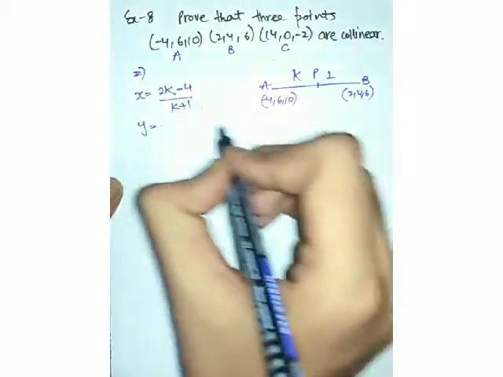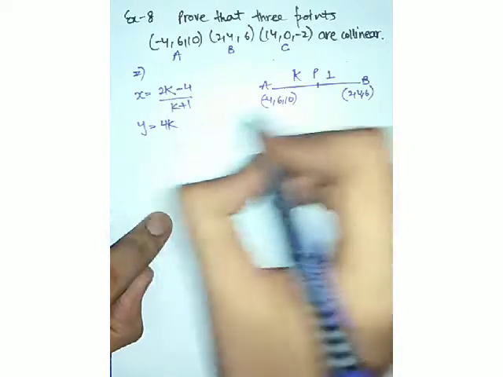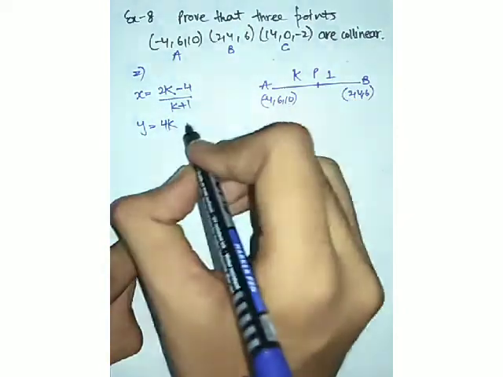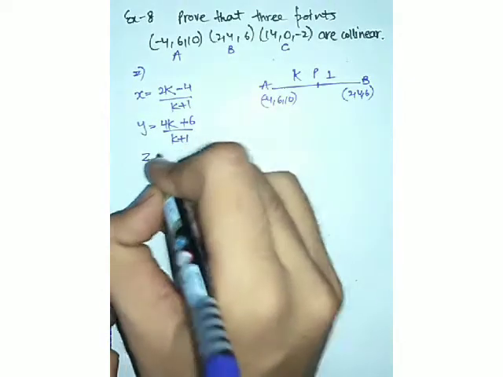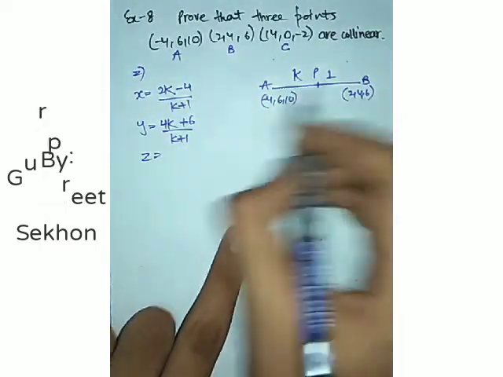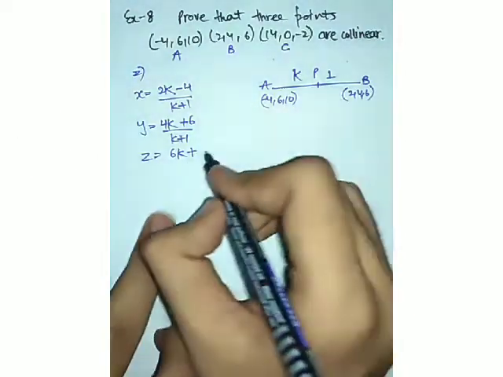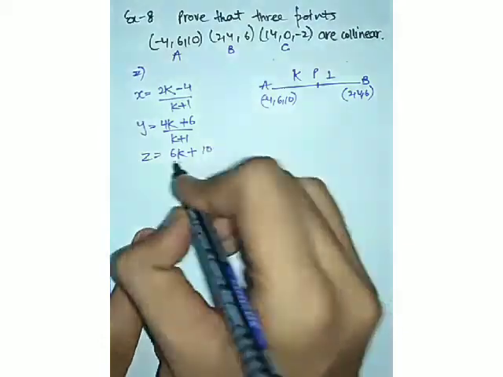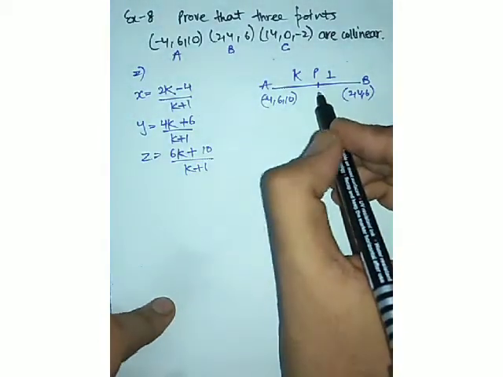What will be the y coordinate? my2, it means k multiplied by 4, plus ny1, that is 1 multiplied by 6, divided by k plus 1. And what will be the z coordinate? That is mz2, k times 6, 6k, plus nz1, that is 1 multiplied by 10, so 6k plus 10 upon k plus 1. So these are the coordinates of point P, right?